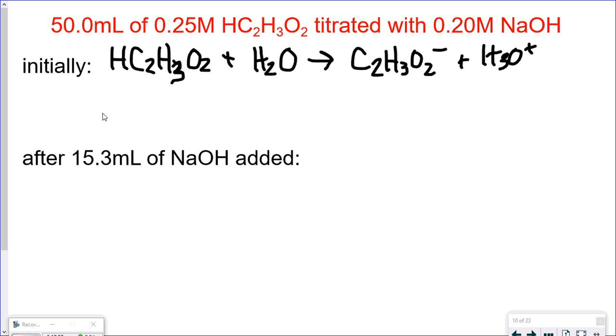Now our Ka value for the acetic acid is going to be equal to 1.8 times 10 to the negative fifth. And we need to look at what the concentration of the hydronium ion would be in order to find pH.